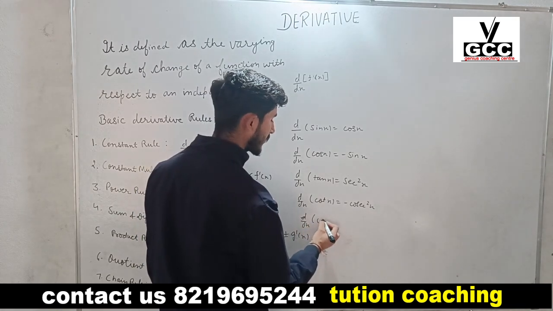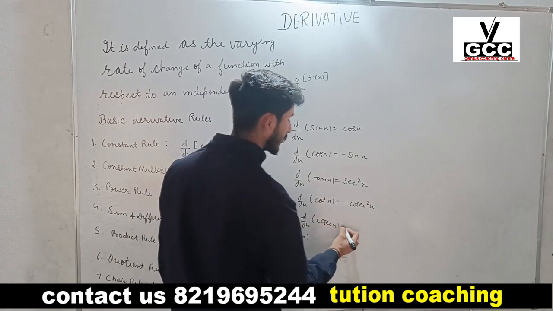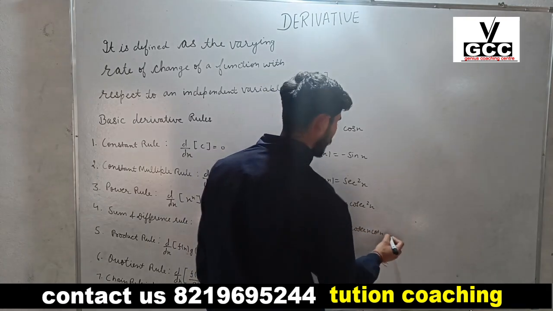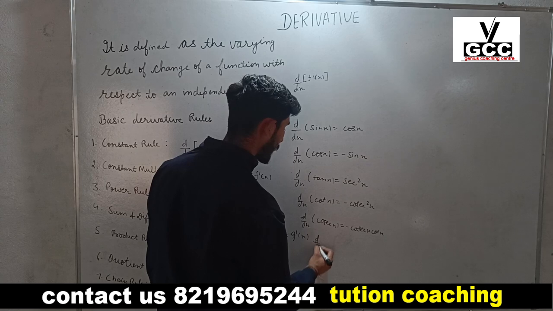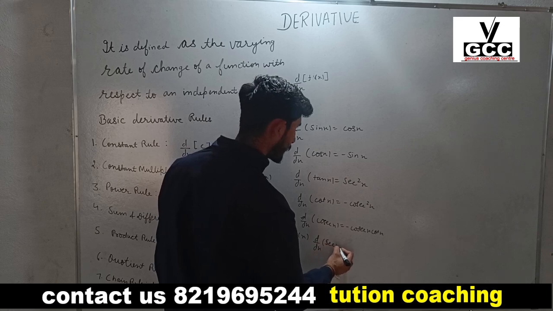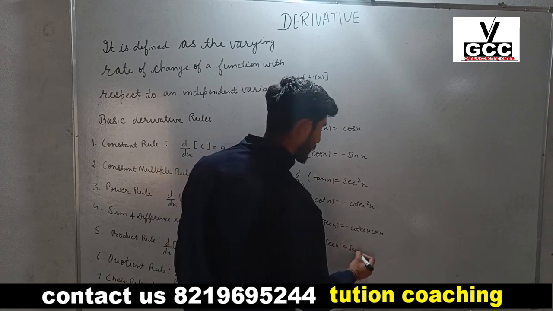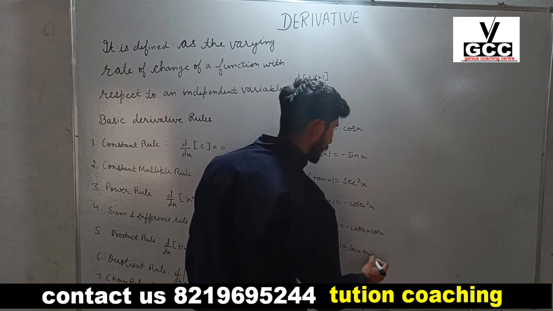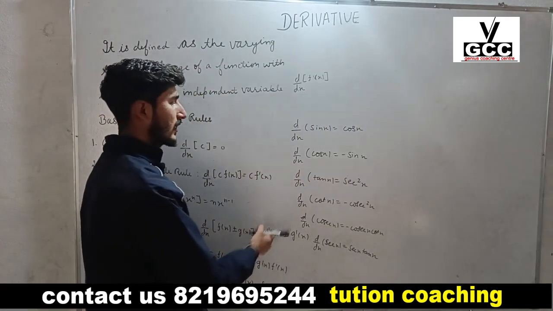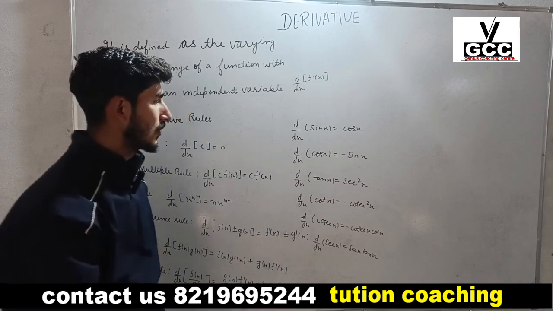The derivative of cosecant x is equal to minus cosecant x cot x. The derivative of secant x is equal to secant x tan x. These are the general derivatives of the trigonometric functions.